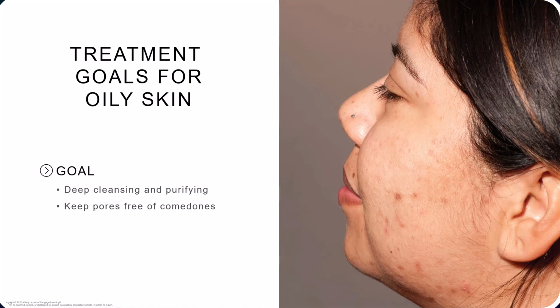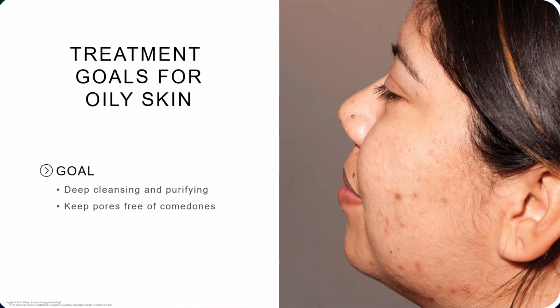So for oily skin, the cause is overactive sebaceous glands. So our treatment goals are going to be to deep cleanse and purify the skin and keep pores free of comedones. Because the skin can break out more easily, it is important to treat the skin with an effective deep cleanse and use products that will help purify, like a clay mask, for example.